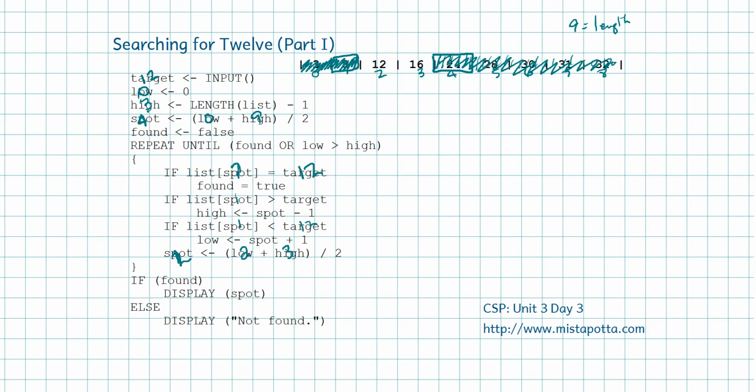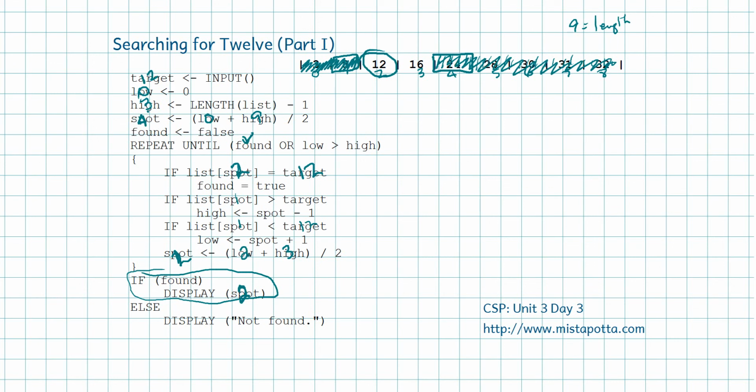So is box 2 a 12? Well, yeah, it is. And so that means found is true. And so if found is true, we're going to jump down to here and say if we found it, then display box 2. Box 2 is the spot that the 12 ended up being in.